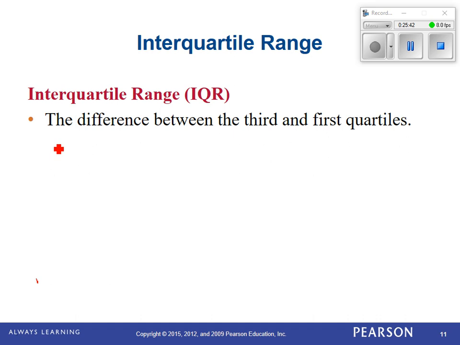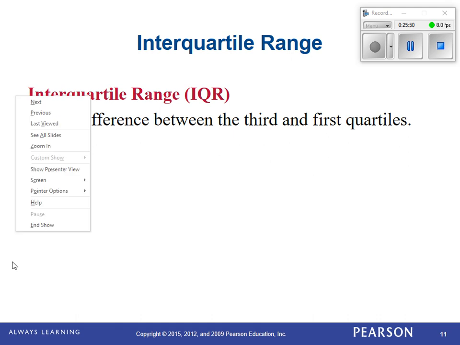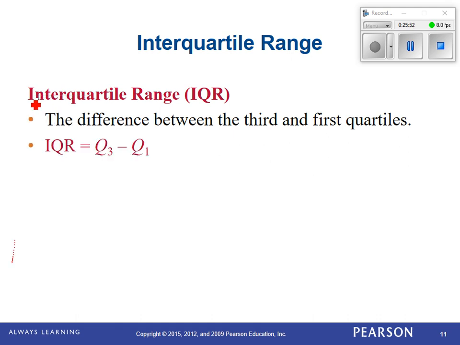The IQR, the interquartile range, is the difference between the third quartile and the first quartile. So all you're going to do to find the IQR is subtract quartile 3 minus quartile 1. What percentage should fall between 3 and 1? 50%. So that's what's special about it.